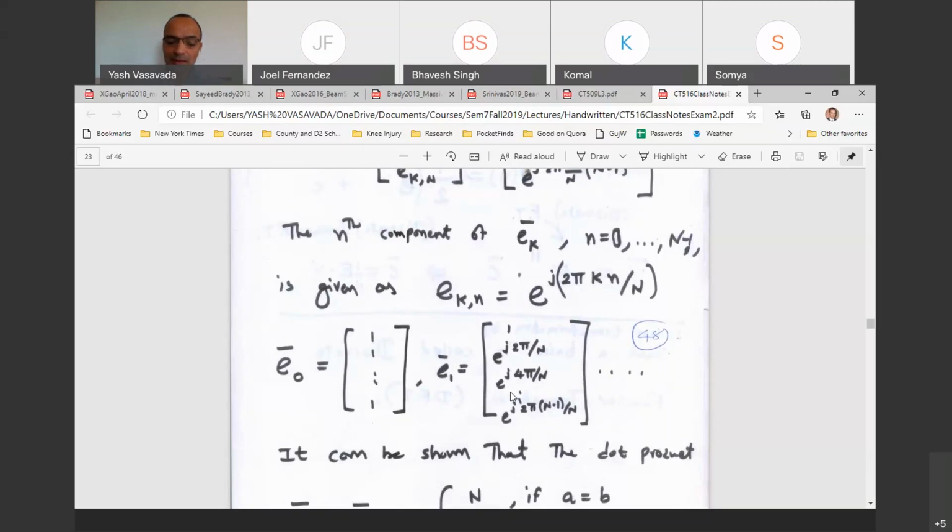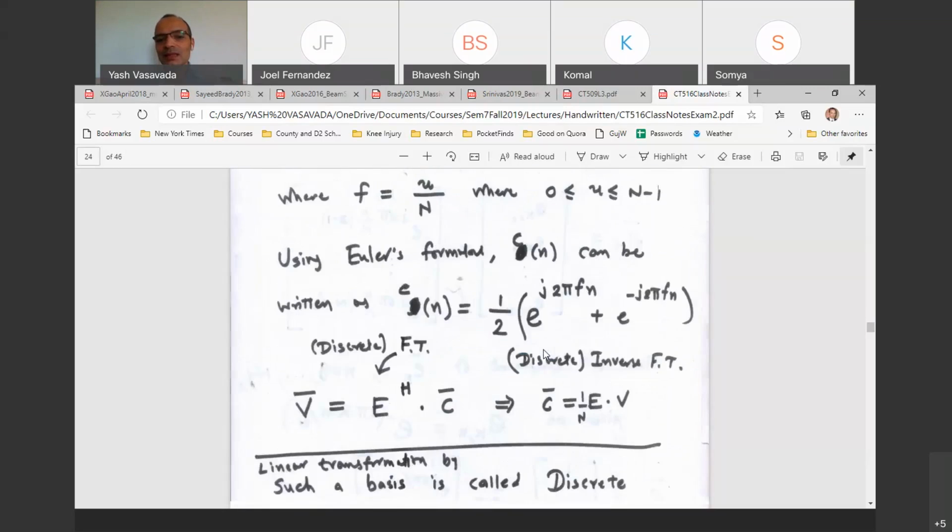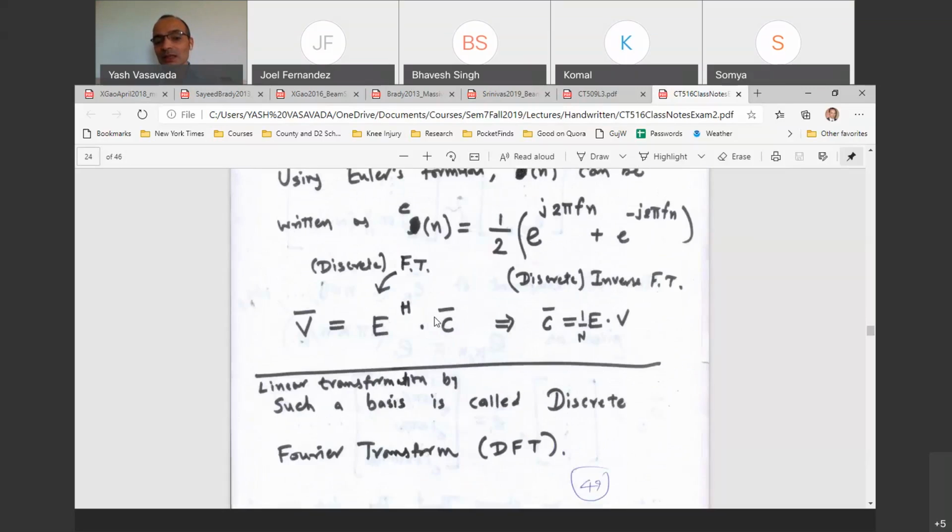But now if I apply the DFT matrix to the output of the antenna array, I can't say that I'm doing discrete Fourier transform as such, or I can still say I'm doing discrete Fourier transform, but I'm not obtaining... discrete Fourier transform allows me to go from the time domain to the frequency domain. If I do a similar basis function transformation at the output of the array, then I can't say that I'm going from the time domain to the frequency domain.